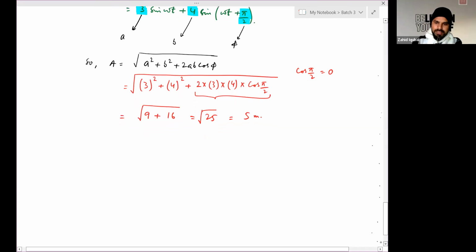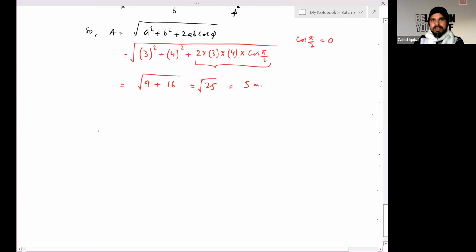Now, related to this part, you'll be asked to define velocity and acceleration. So next is velocity and acceleration in SHM.